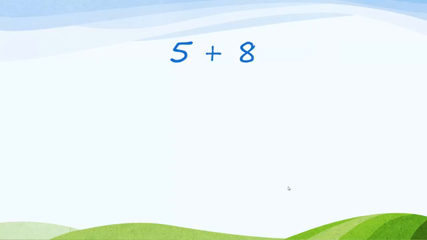Okay, I want to start off with looking at 5 plus 8 and ask a question to anybody who's watching this or watching the replay. When you see something like this, do you instantly know what the number is, or do you have a good go-to strategy that you know how you will solve it?